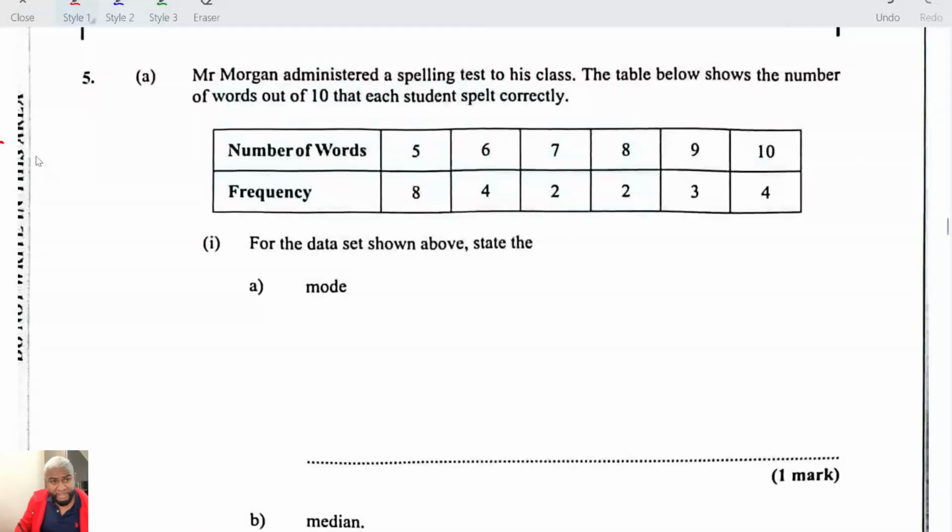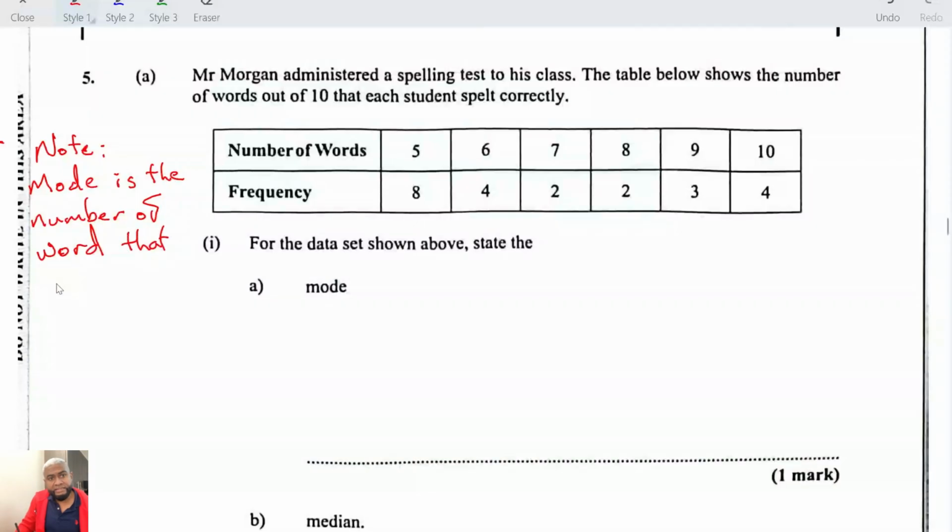So before you even jump into that, put a little note here. Note. Mode is the number of words that occur the most.